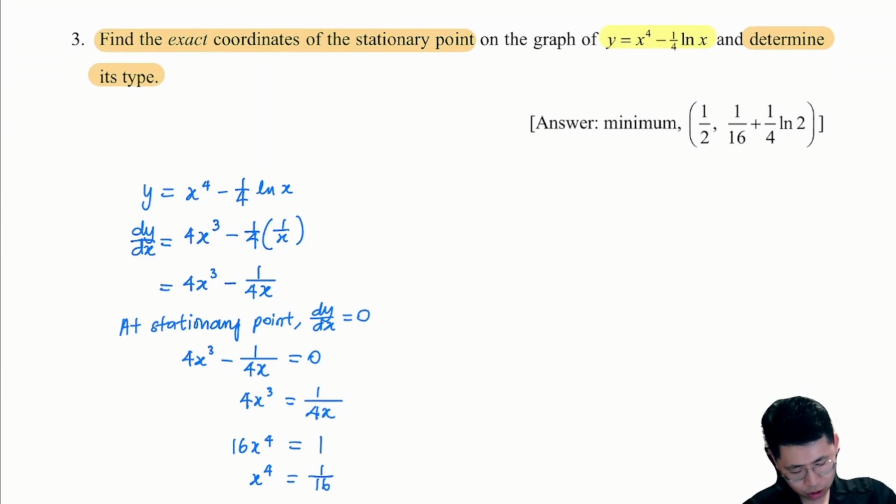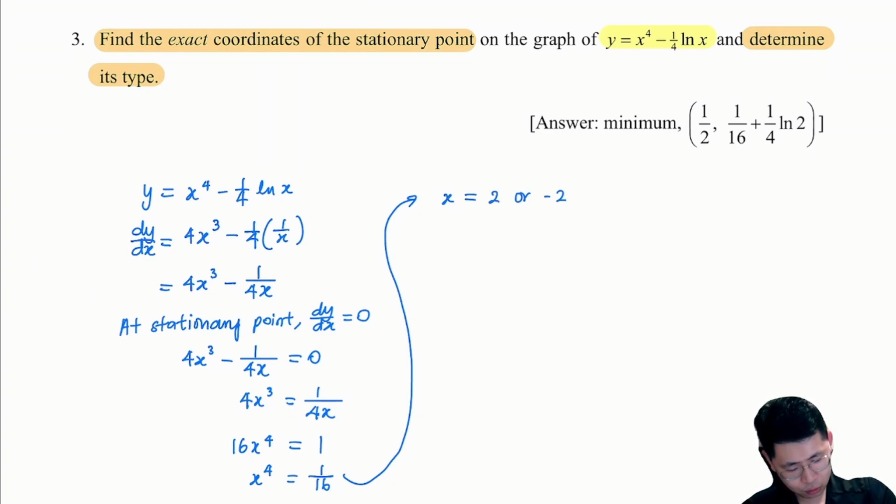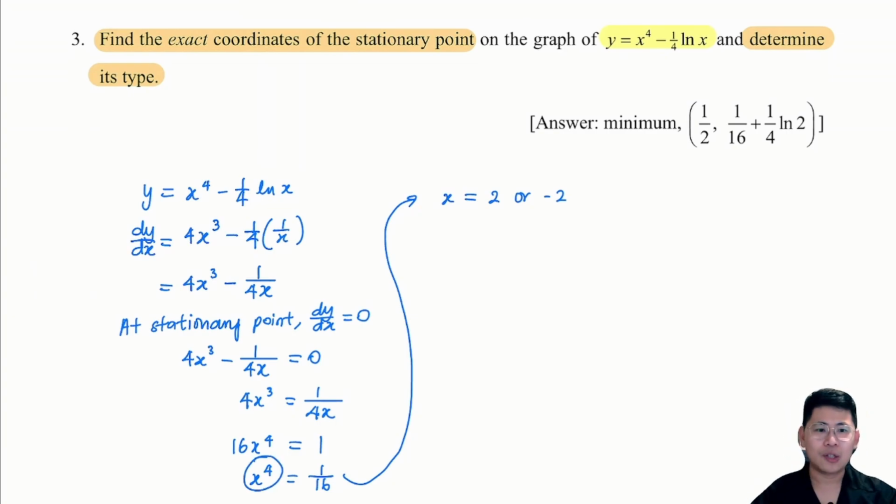Okay, so continuing on this side, x will be equal to plus 2 or negative 2. Why plus or minus? Because this is an even power. So when you take the root, we are also taking the fourth root. Think of taking square root and square root.